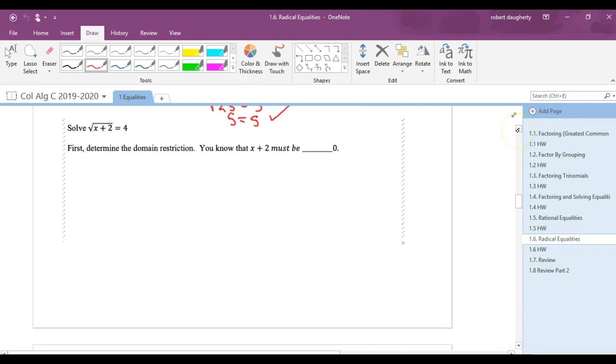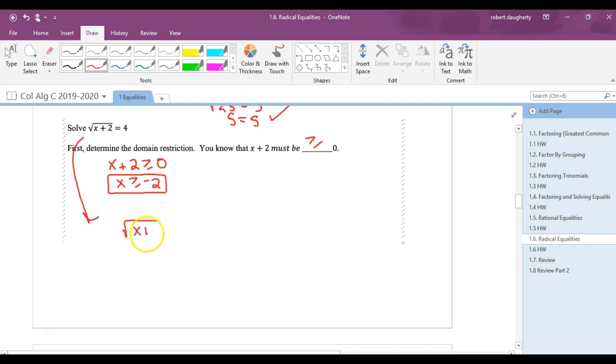We'll do this one real quick. The domain restriction. I know that x plus 2 must be what kind of number? Yeah, greater than or equal to 0. So if x plus 2 is greater than or equal to 0, then x has to be greater than or equal to negative 2. To solve this, what do I do to both sides?